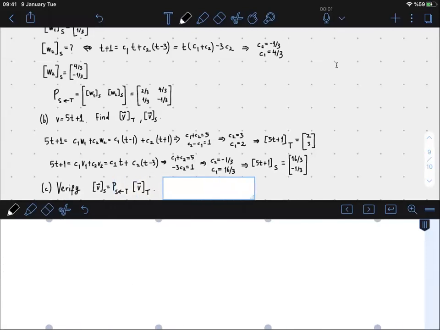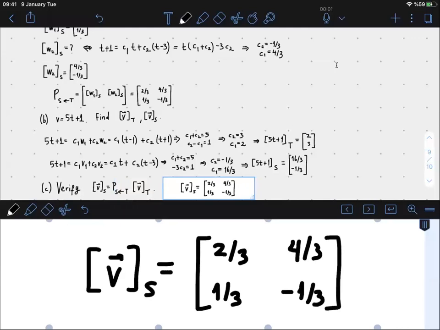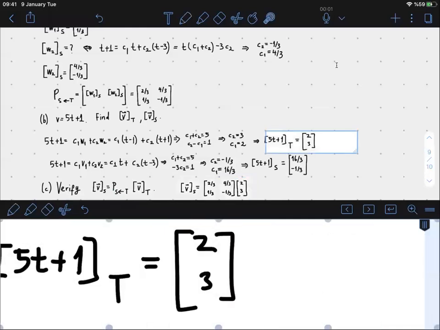Okay. How do we do it? So let's compute VS. What is P_ST? We found P_ST, which is 2/3, 1/3, and 4/3, and minus 1/3. Right? Let me check if I did this correctly. This one is correct. So what is T coordinates? T coordinates is 2 and 3. We found it here.